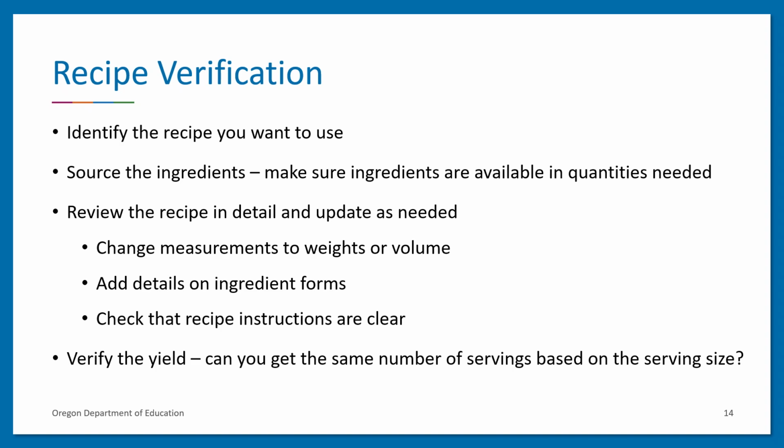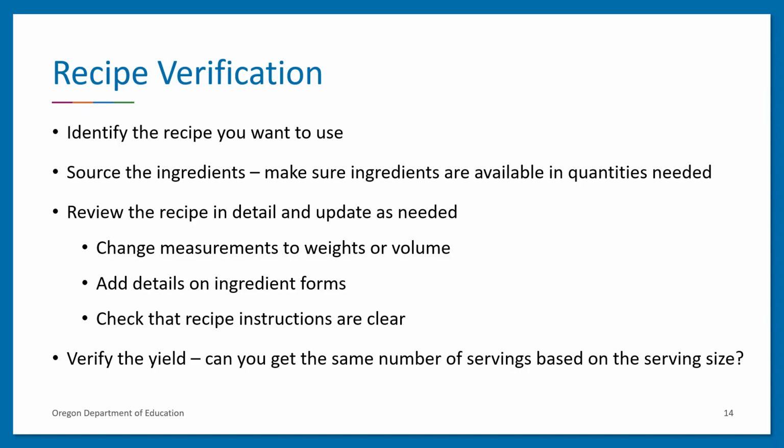Next, you want to review the recipe in detail and update to meet the requirements of a standardized recipe. This may include changing measurements to weights or volume, adding details on ingredient forms, checking that recipe instructions are clear and make sense based on the ingredients listed.